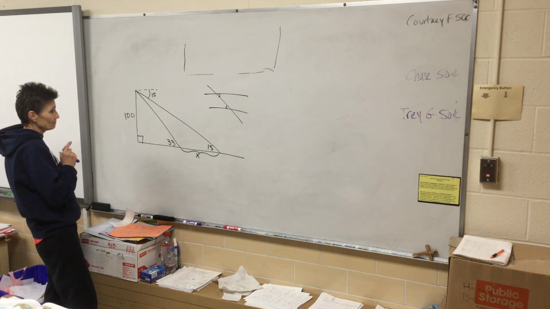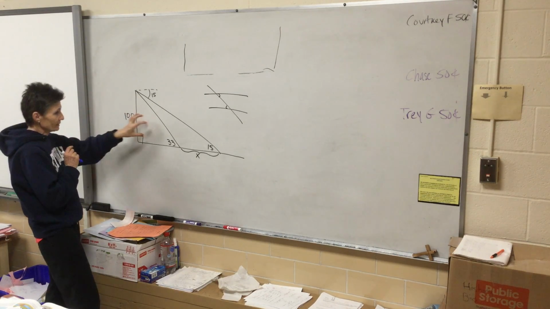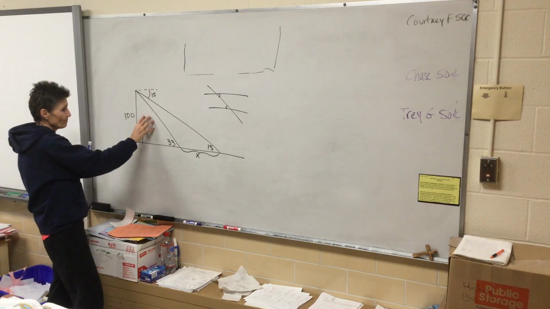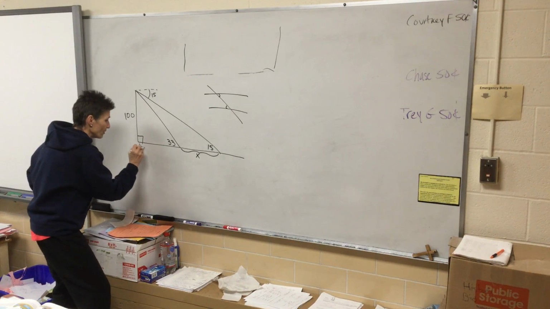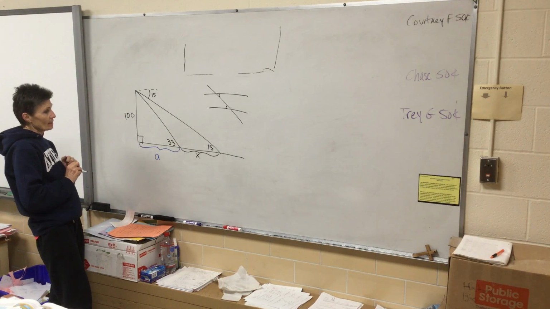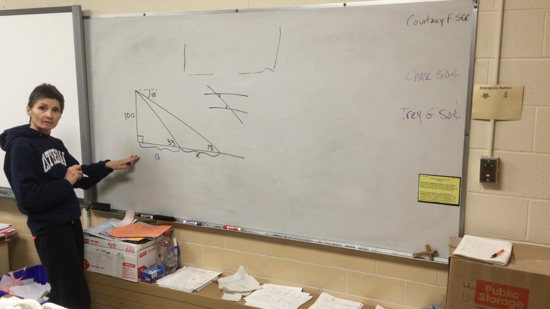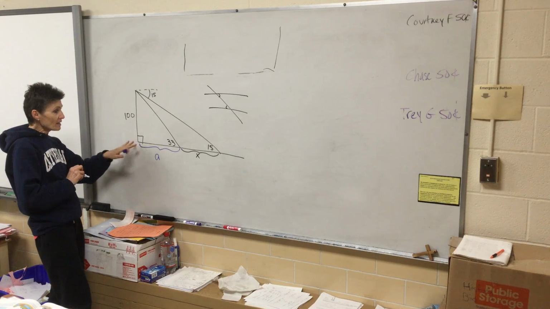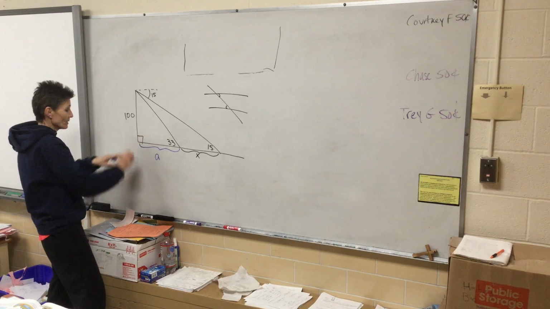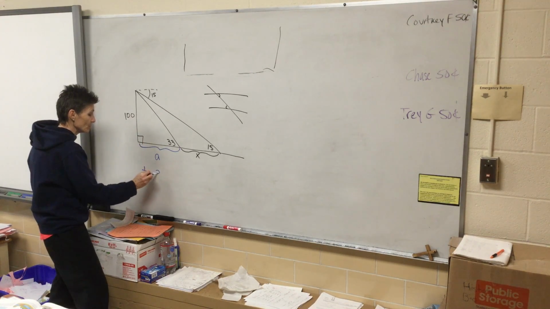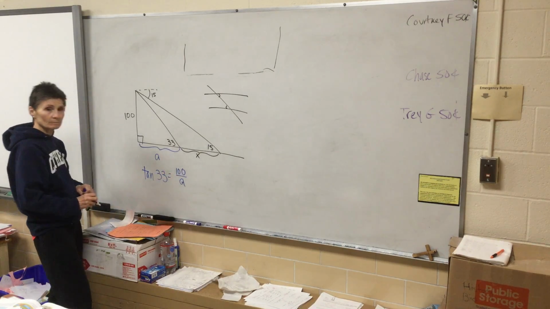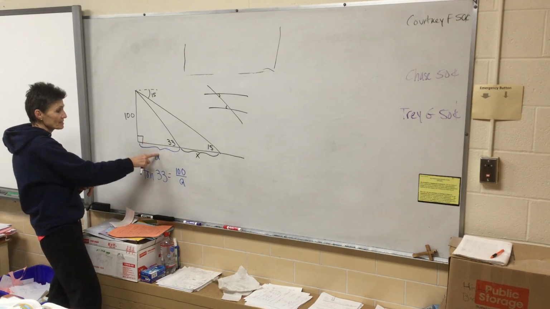Let's look at this little triangle right here, this little one, and let me call this A. I think I can find A. I can say that the tangent of 33 equals 100 over A. Tangent equals opposite over adjacent.